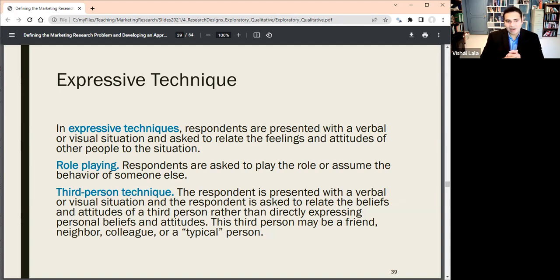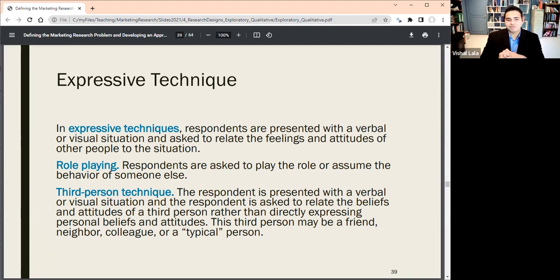Common issues you can think about are personal issues, health issues, substance use issues, right? These are the kinds of issues people are typically reticent to speak about. And so rather than asking them the question directly, we ask them questions in a third-person form.